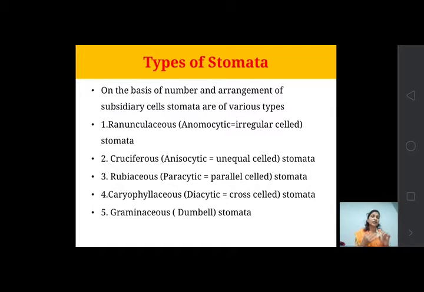First is ranunculaceous, or you can say anomocytic stomata, which is also known as irregular celled stomata.